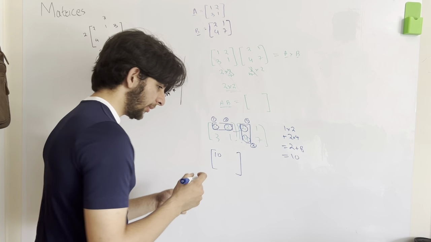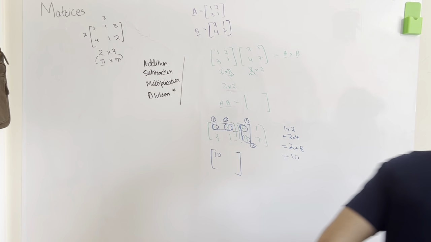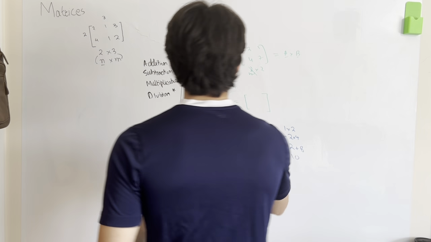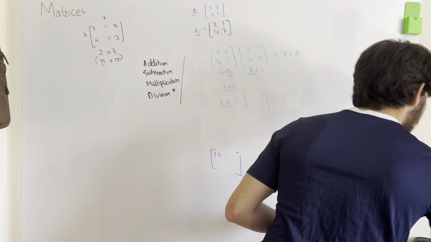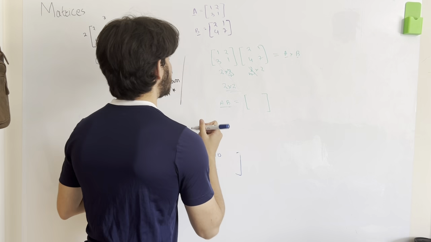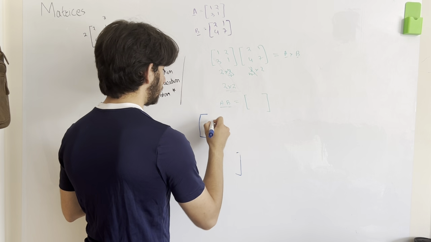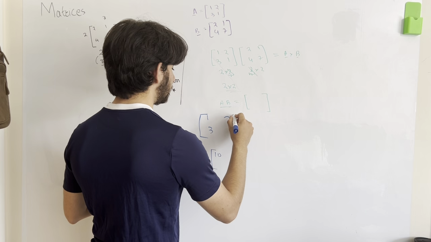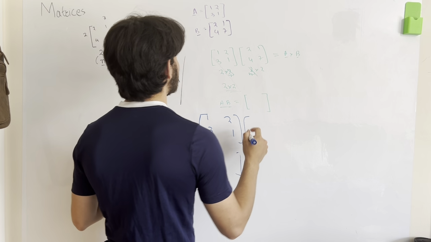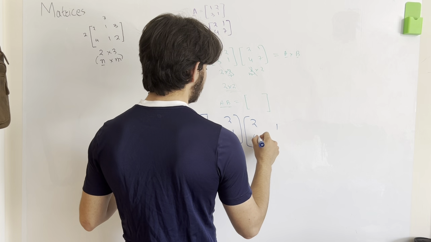So if I write out my matrix again, it's gotten a little bit messy. I'll write it a little bit bigger this time as well. So 1, 2, 3, 1 times 2, 1, 4, 7.